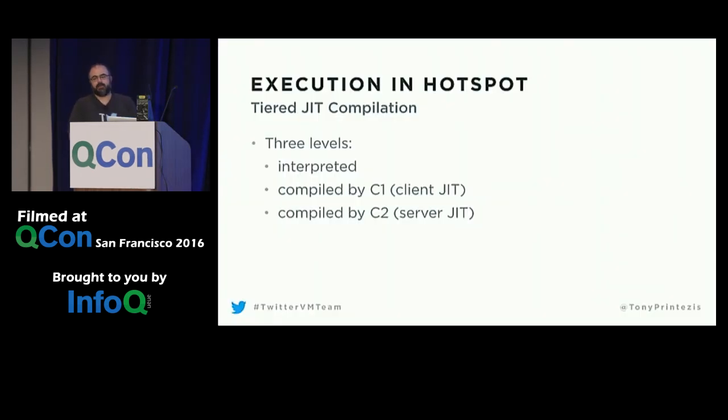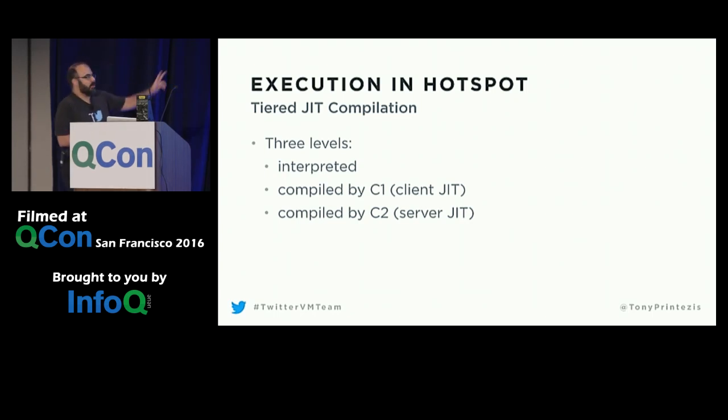So I will give a little bit of an overview of how the JIT works in Java and how it interacts with the rest of the VM. So when a method is executed in HotSpot, it can be executed at 3 different levels. First it can be interpreted, then, if it's hot enough, whatever that means, it's compiled by the client compiler, C1. And if it still remains hot, it will be compiled by the server compiler, C2. And all that stuff, if you enable tiered compilation, will enable both compilers to work in the same VM.